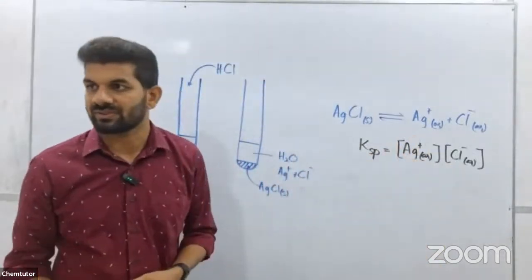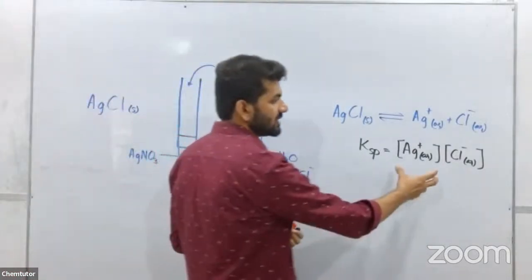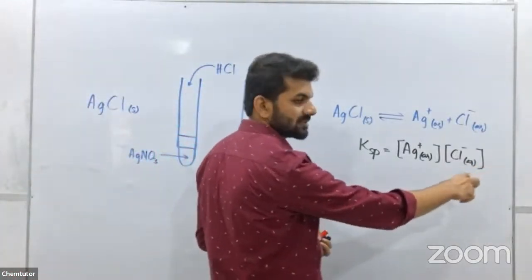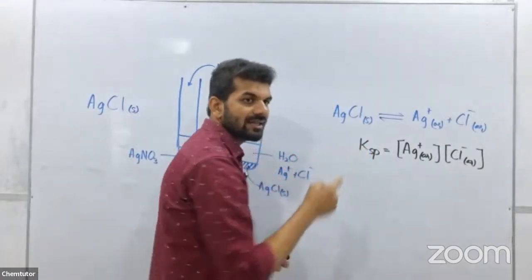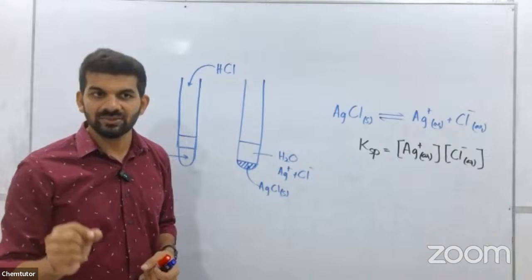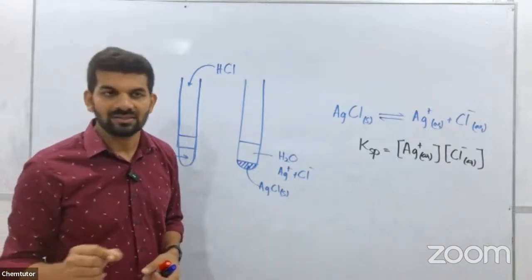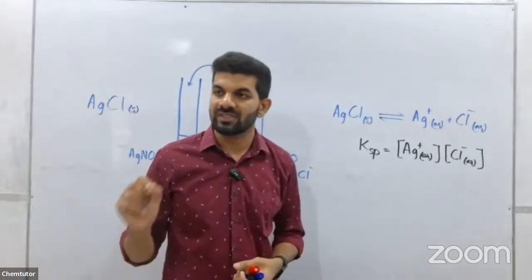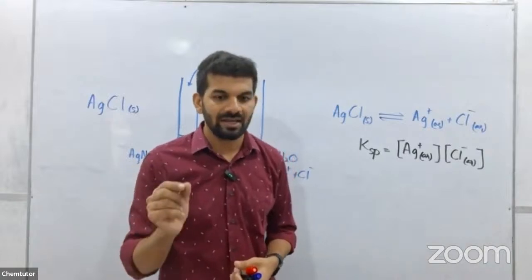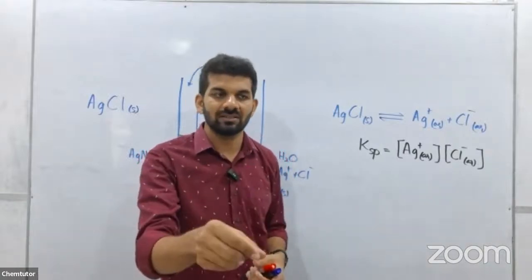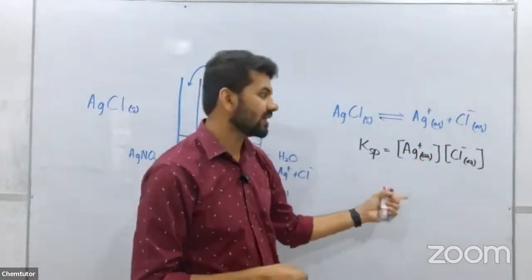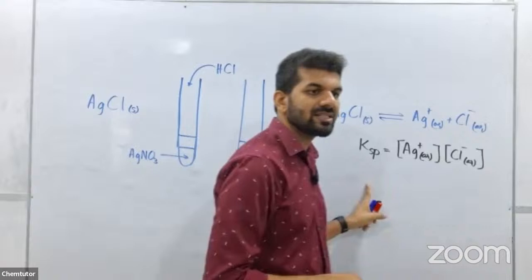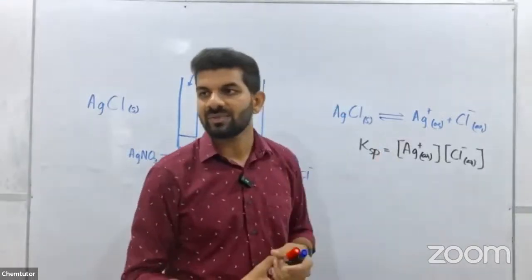Then it is a solution, right? If the ionic product is equal to KSP, then that is the point where the solution is saturated. Whenever we add a single drop of either Ag+ or Cl-, it starts precipitating. So if the ionic product is greater than the KSP value, then only a precipitate is formed.